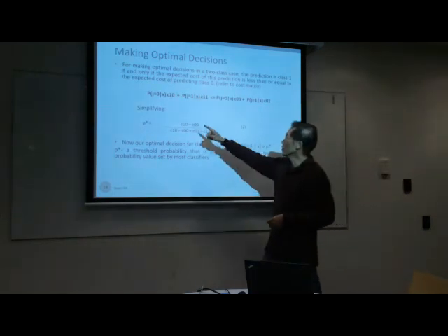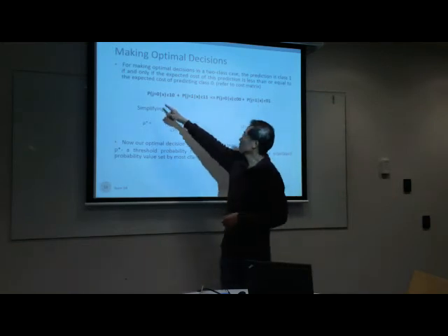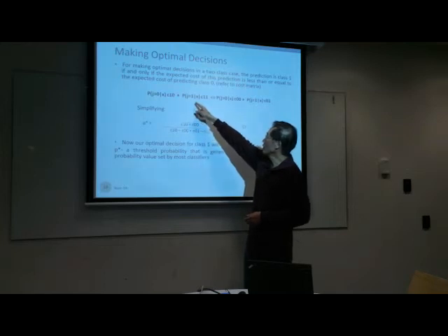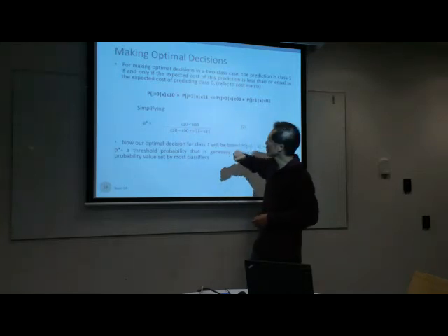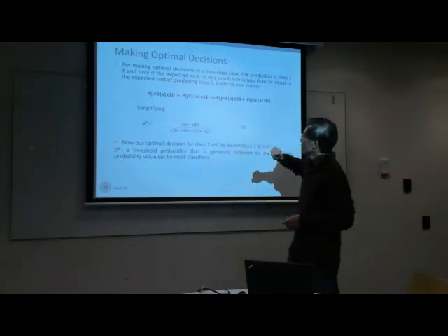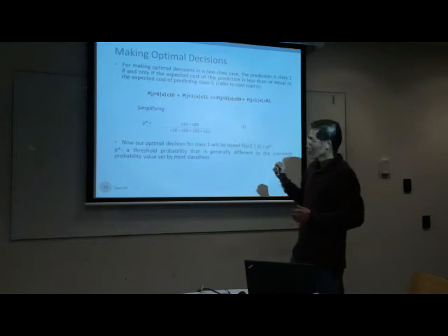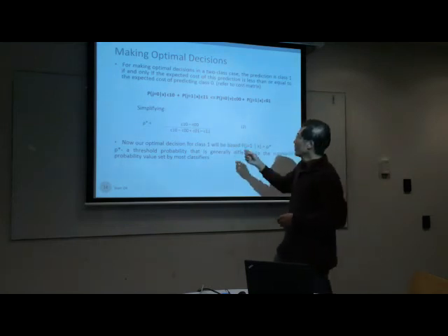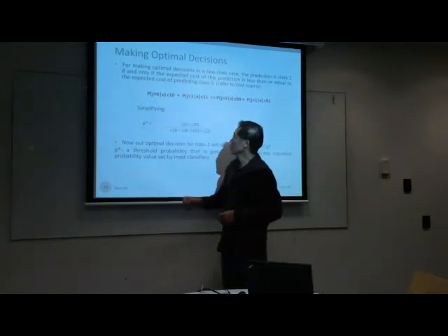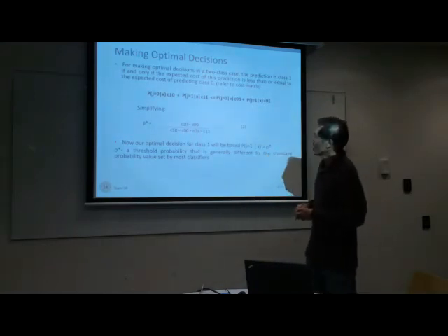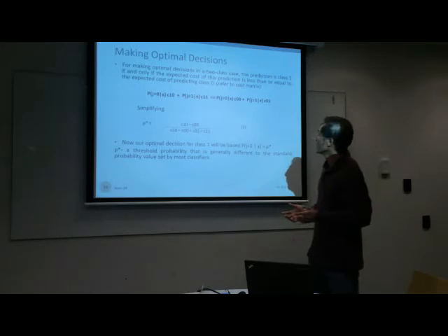And if we let P be the probability of the example's true class being 1, then the probability of the true class being 0 will be just 1 minus P.